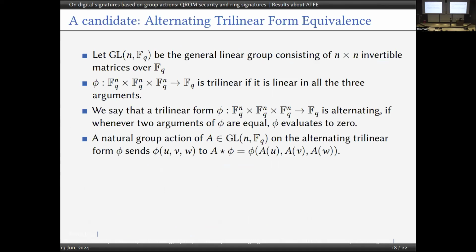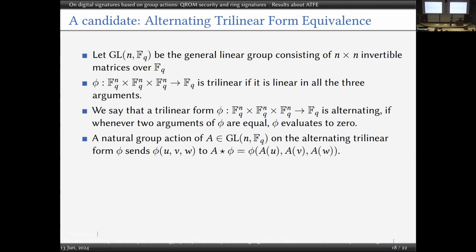Okay, so let's look at a concrete setting: the alternating trilinear form. A trilinear form is a map from F_q^n times F_q^n times F_q^n to F_q. It is trilinear if all three arguments are linear, and alternating if whenever two arguments are the same, the value is equal to 0.